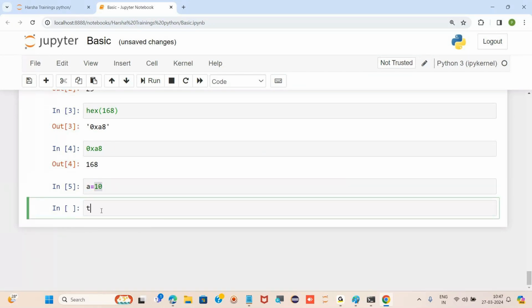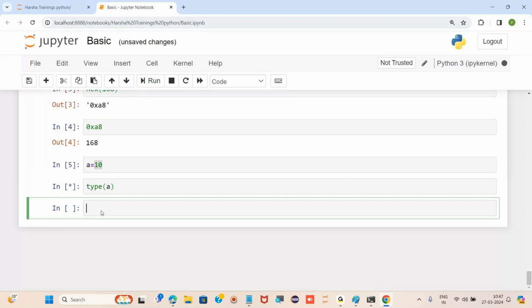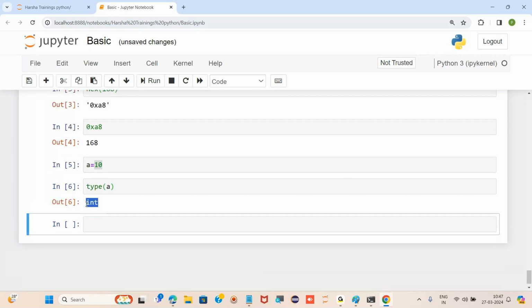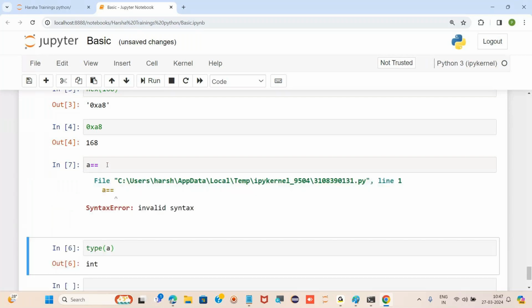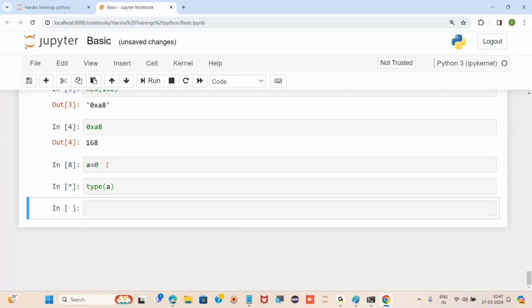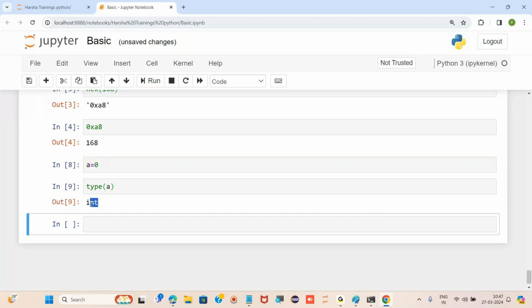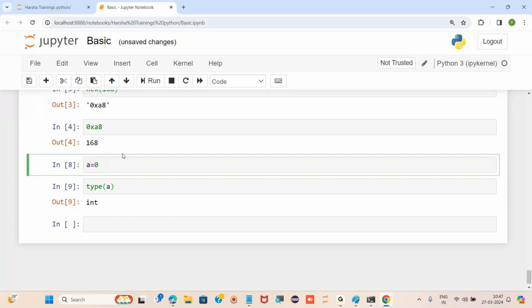If we write the type of this, that is an integer, meaning without any decimal value. A natural number is nothing but an integer. If we are writing a is equals to 0, it is also an integer. So any number you are taking is nothing but an integer.